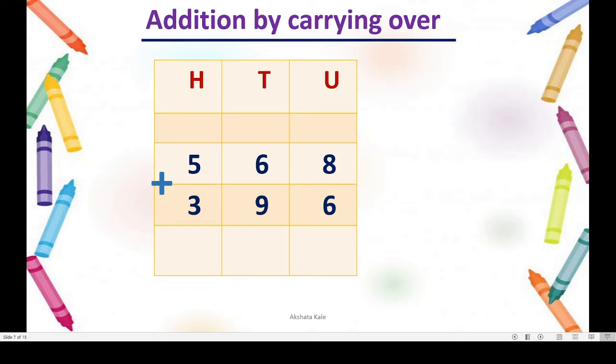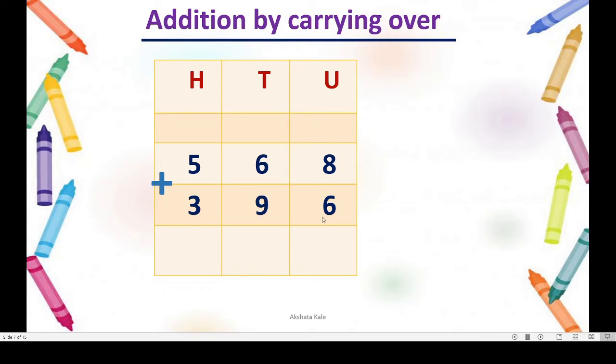Addition by carrying over. Today we are going to learn this. Now you can see here a table with units, tens and hundreds. And here you can see 568 plus 396.